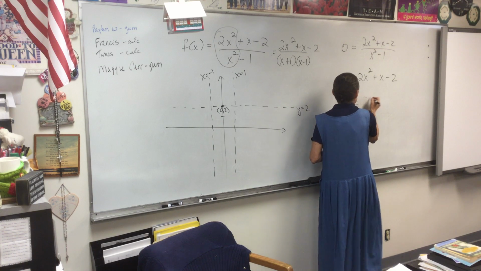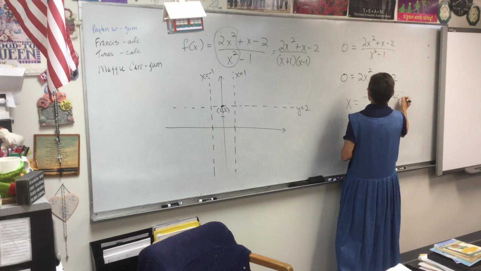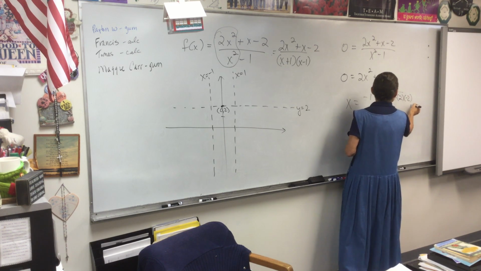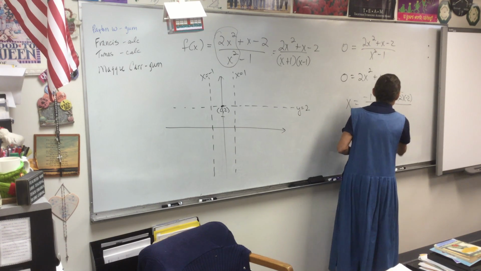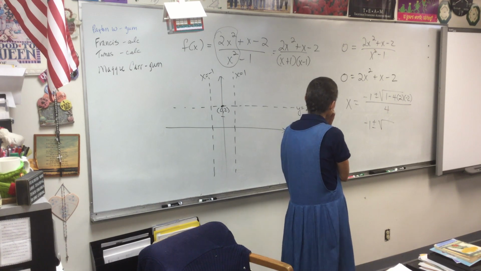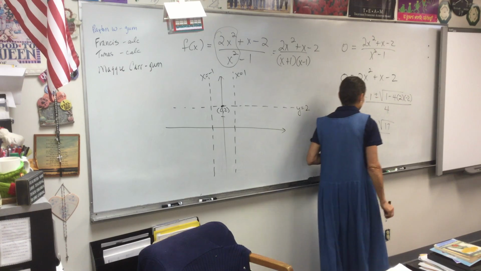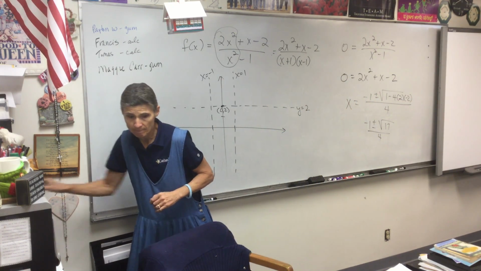So x equals negative b plus or minus the square root of b squared minus 4ac all over 2a. So where are these roots? X equals, what is that, root 17? I don't know where to plot that, so I'm going to have to get my calculator out.